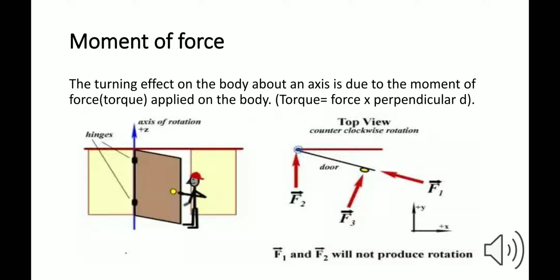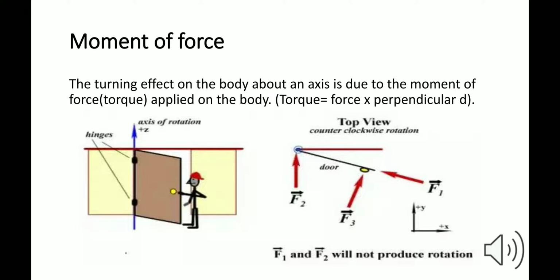Now, force F1 is being applied at the fixed point. Can you see that? It has been applied at the fixed point and in the direction only. If you are holding a pen from one hand and from the second hand, you apply force in the direction of the pen only, will the pen rotate? No.